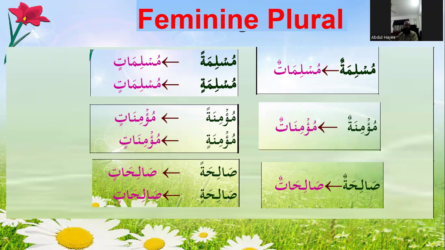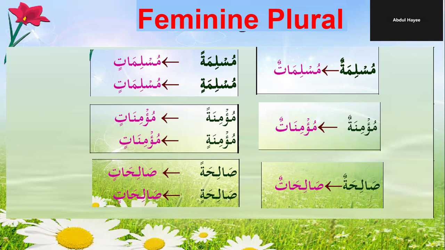So you can see some examples. Muslimatun, muslimatun, and then we have muslimatan, we have muslimatin. So the tanween can be dommatain, it can be fatahatain, or it can be kasratain. So whenever you look at the tanween, for example, muslimatun, it will be muslimatun.